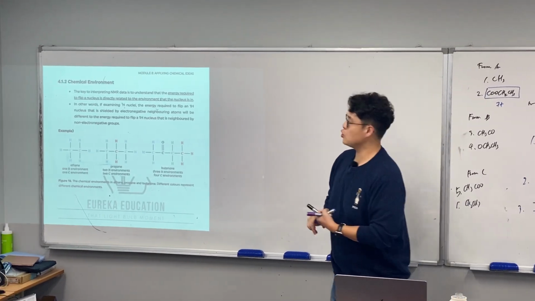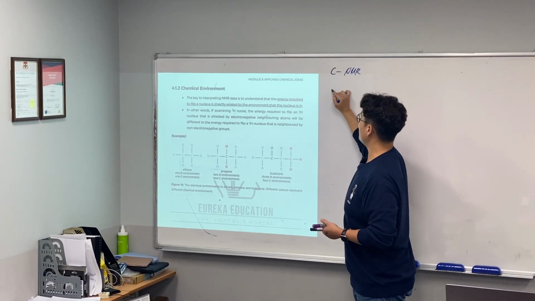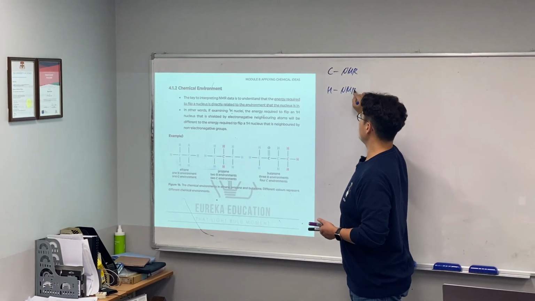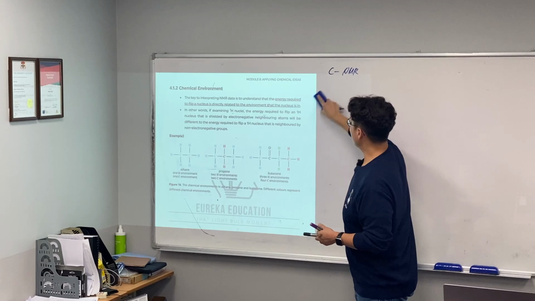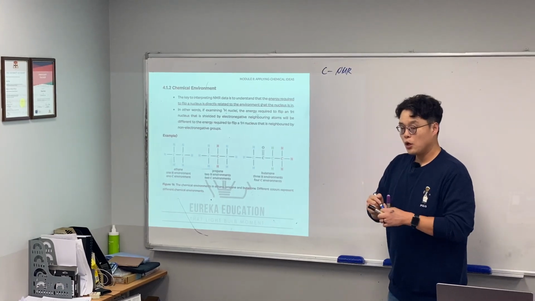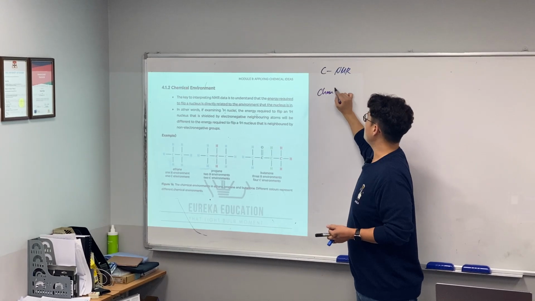So we have to talk about two NMRs: the carbon NMR, or carbon-13 NMR, and the hydrogen NMR. Let's start off with the carbon NMR, but whether we're using carbon or hydrogens, we're using a very specific term called chemical environments.